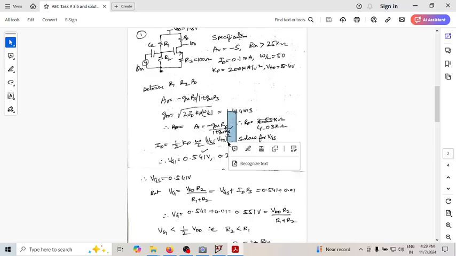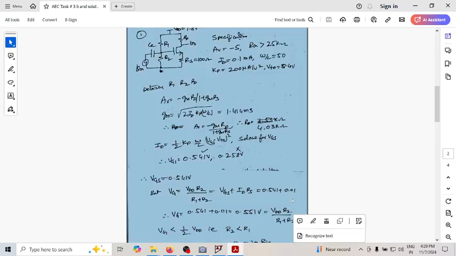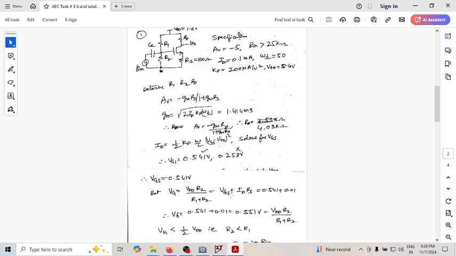The product of ID into RS happens to be 0.01 volt, and we know VGS is 541 millivolt. Upon adding these two, we get 0.551 volts or 551 millivolts. Upon equating that to this equation, we can write this.